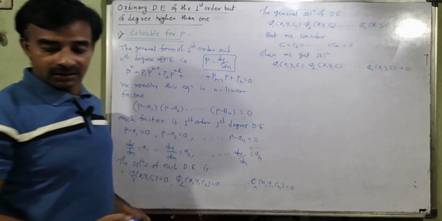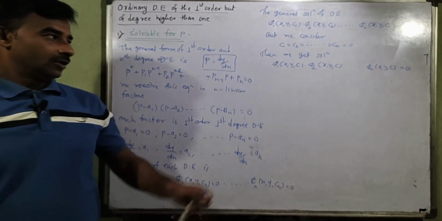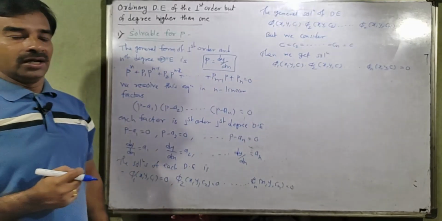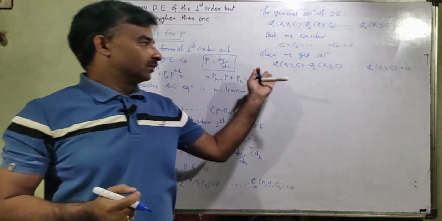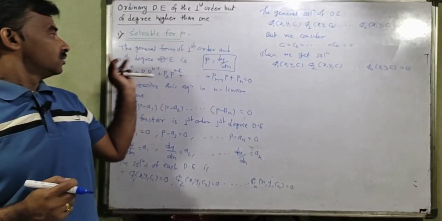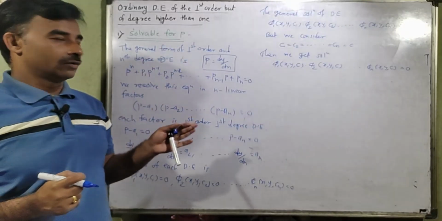And this is your final result, where c is the arbitrary constant related with that differential equation, and you will get the final general solution for that first order nth degree differential equation here.